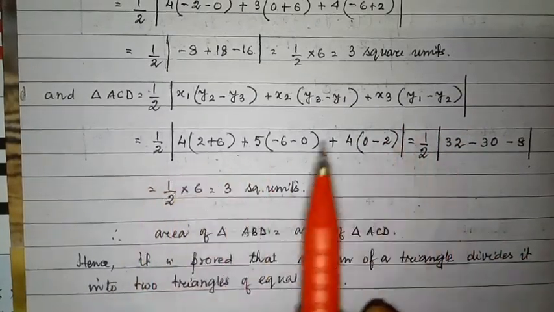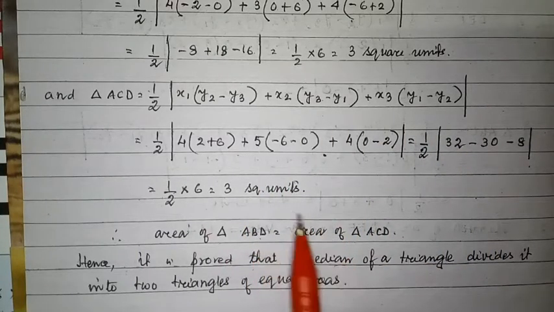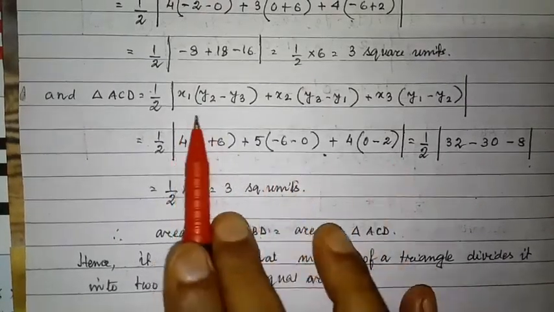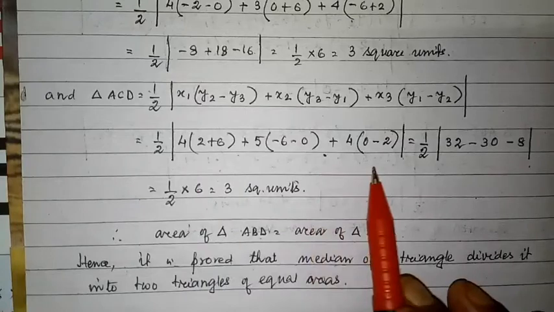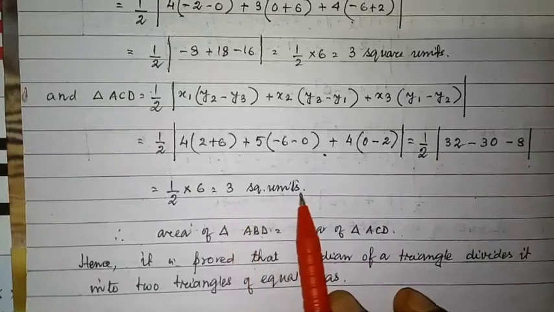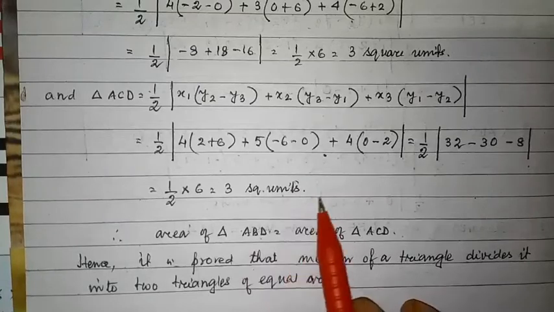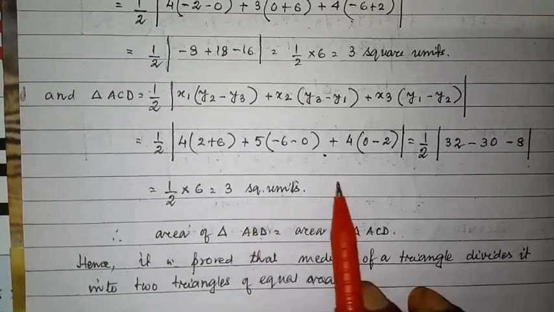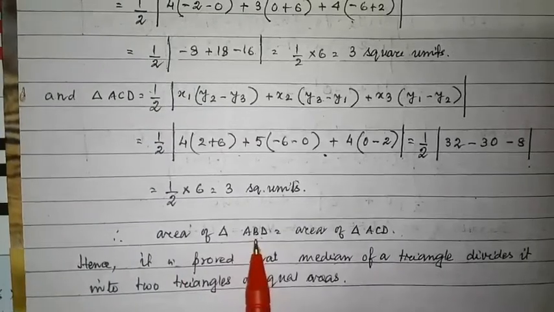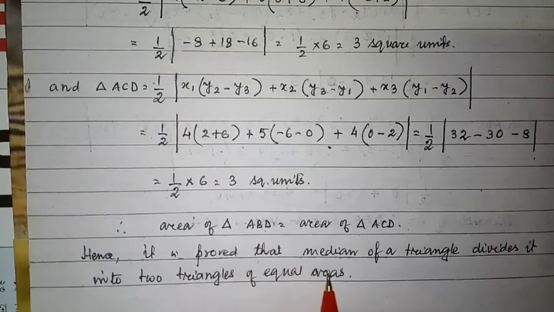Now let us take in order the points x1, y1, x2, y2, x3, y3 and put down their values in this equation and then calculate, you will get area of the triangle is equal to 3 square unit. Thus what we see, area of triangle ABD and area of triangle ACD are both equal. That is, area of triangle ABD is equal to area of triangle ACD. Hence, it is proved that the median of a triangle divides it into two triangles of equal areas.